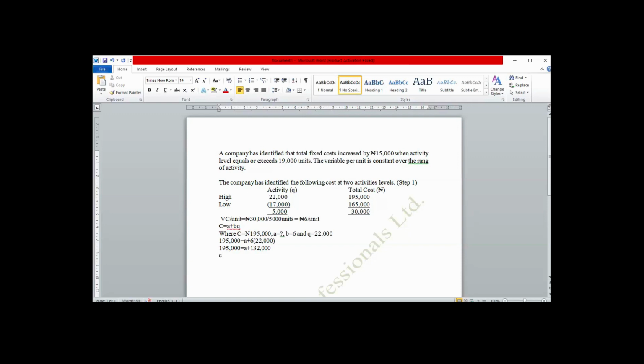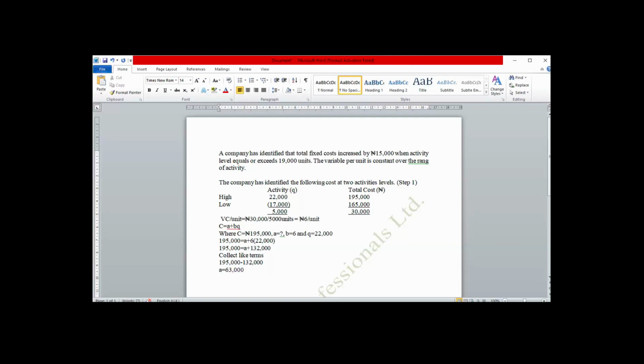We subtract here: 195,000 minus 132,000. A is equal to what? 63,000.